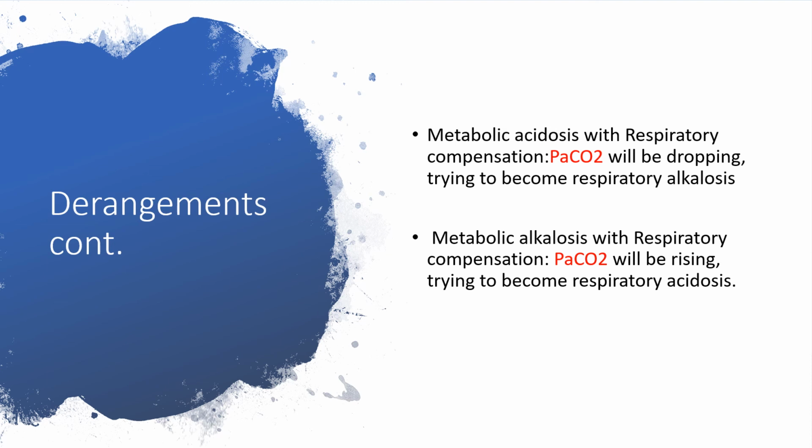So the respiratory system is trying to adjust so that the two of them will not head towards the same direction and destroy the patient. So the respiratory system will want to become acidotic right now in the face of metabolic alkalosis, and can only do that by retaining more CO2.